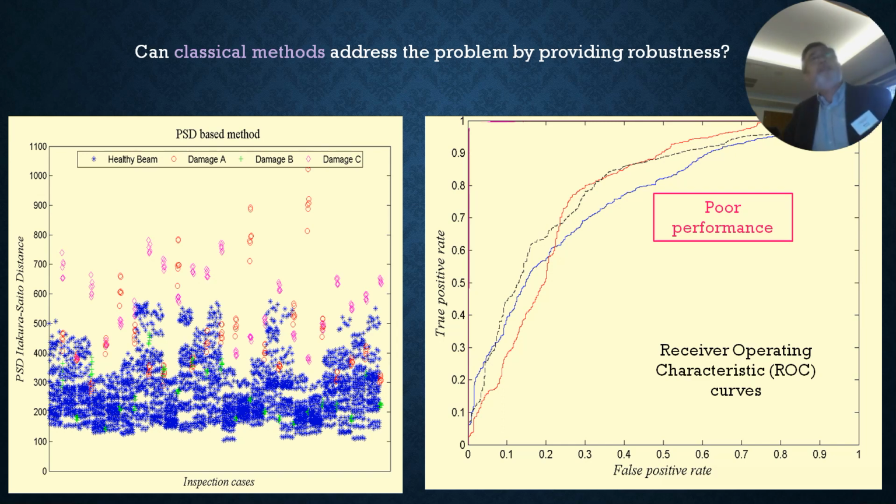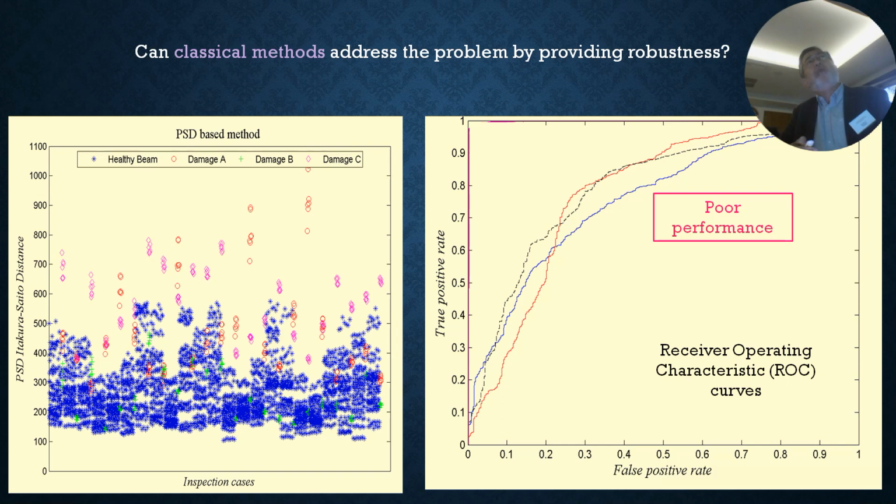And if you look at the receiver operating characteristic curve, which is here the probability of true damage detection, and the probability here of false alarm, then we would like ideally to have a 0 false alarm probability with 1 probability of true damage detection.